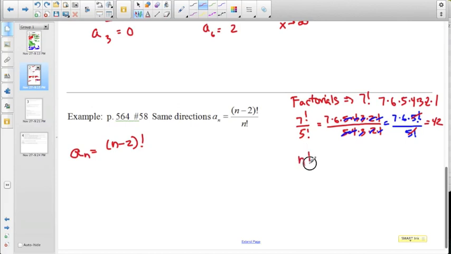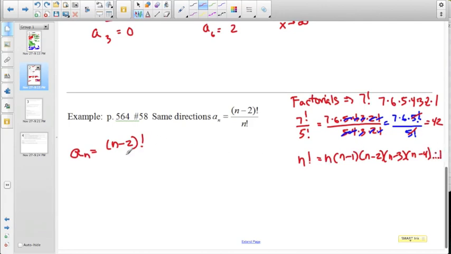So if we think about n factorial, that's going to be n times 1 littler than n, which is n minus 1, times 1 littler than that, which is n minus 2, times 1 littler than that, which is n minus 3, times 1 littler than that, which is n minus 4, and so on, all the way down to times 1.